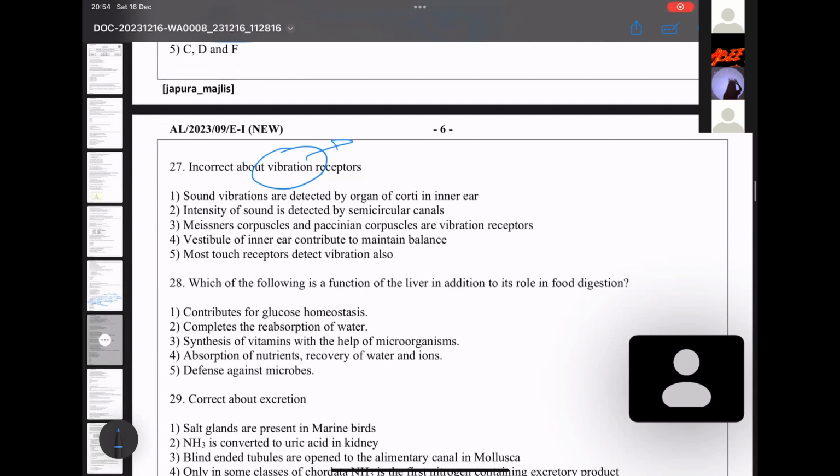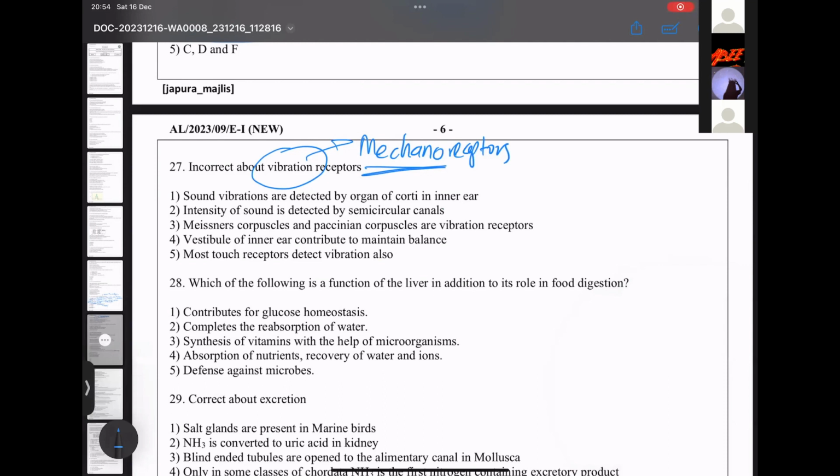Mechanic means some kind of pressure or touch or mechanical stimulus. There are three types of mechanoreceptors. Touch receptors, which respond to very small, light pressure, just touch. Then pressure receptors, and then vibration receptors. So we should know that.